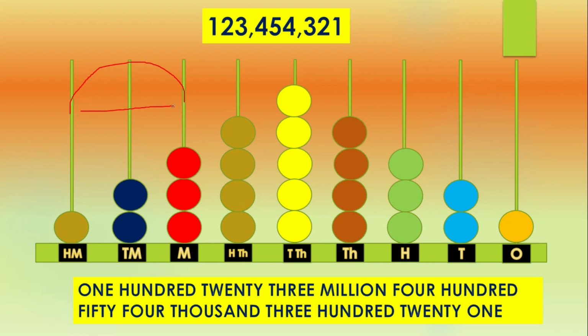I will speak together 123 million, then 454,000 and 321. Right? So children, here you have to specially note that this is a 9-digit number and I am putting a comma after the first 3 digits, then again 3 digits and then again after 3 digits.